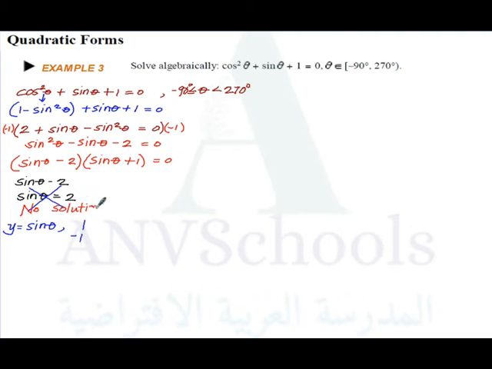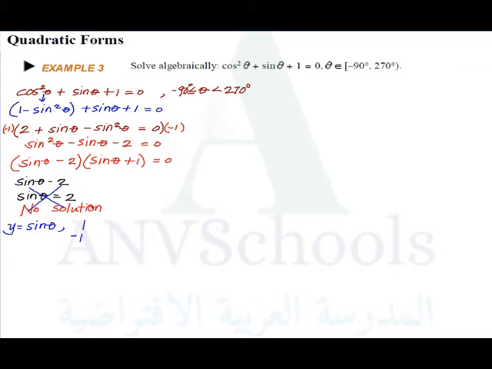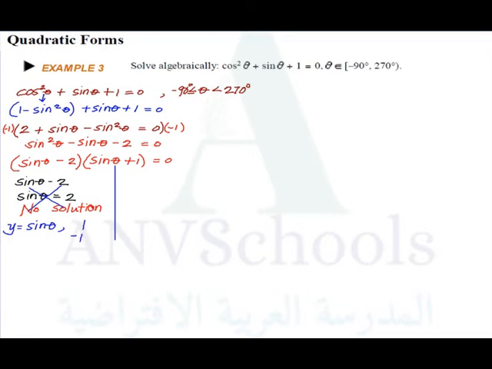So we are left with the other factor, and that factor is sine theta plus 1 is equal to 0.